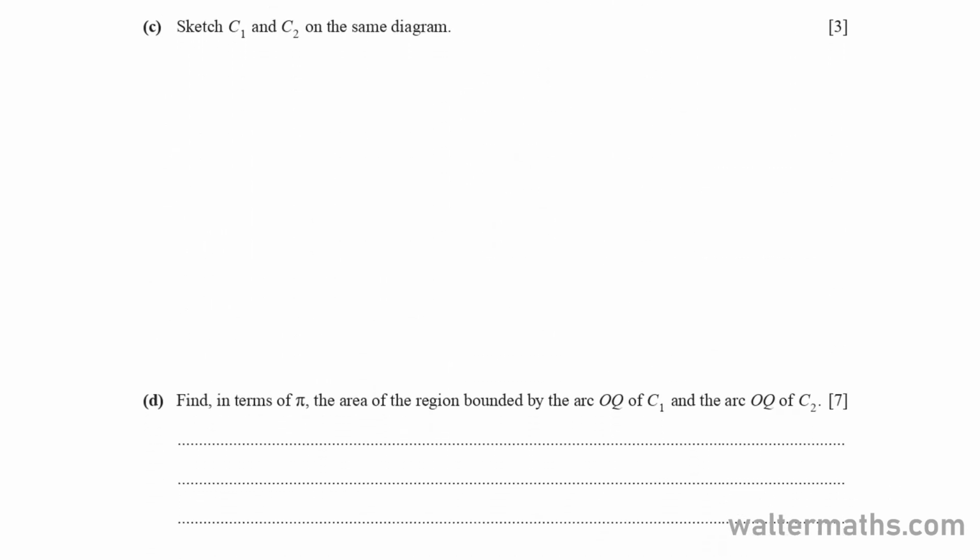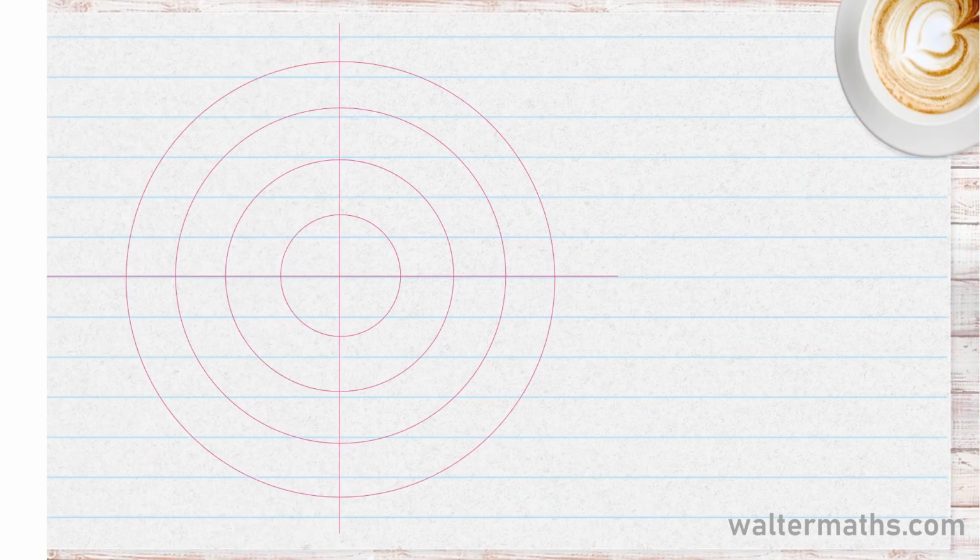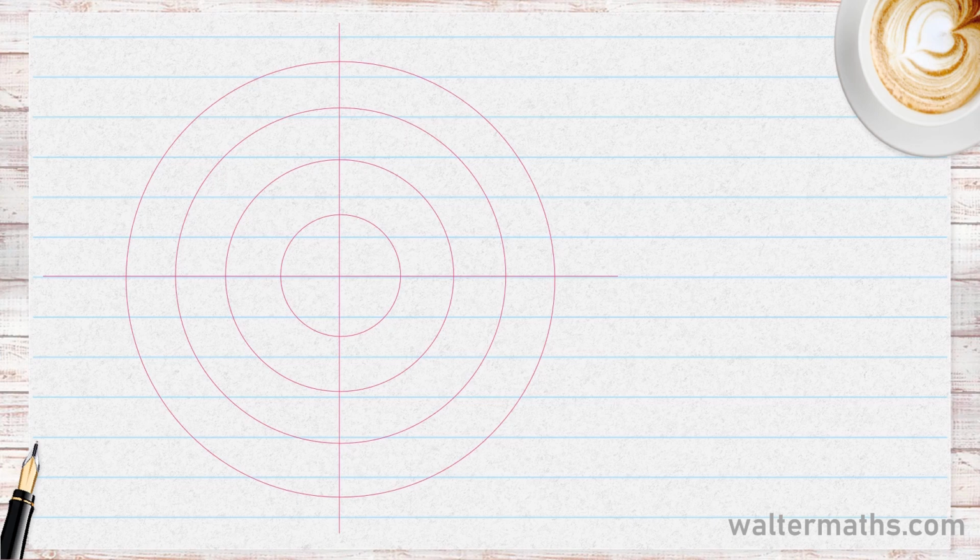That's part C. On part C, the question goes, sketch C1 and C2 on the same diagram. Now let us make the sketch on this plane. So on this plane, we are going to have values of theta ranging between 0 and a half pi.